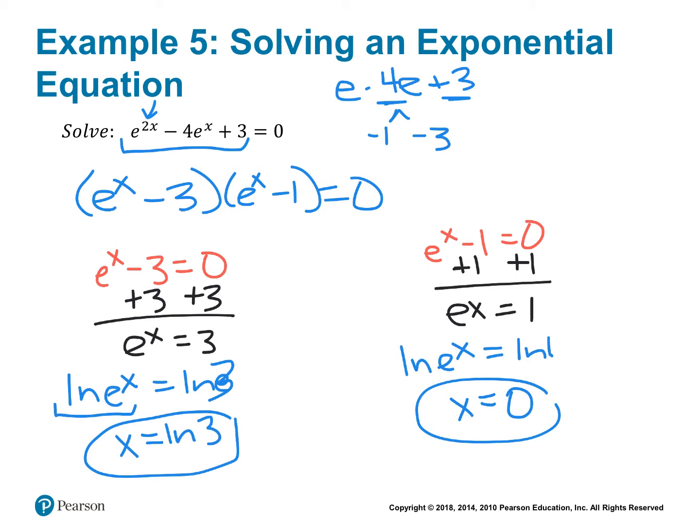And if you want to try this in your calculator, this is about 1.10. So you could plug both of these back in for the x's in the original, and you should get an answer that comes out to be 0 at the end. So our solution set, we're going to say is 0, and then we'll write the original natural log of 3.